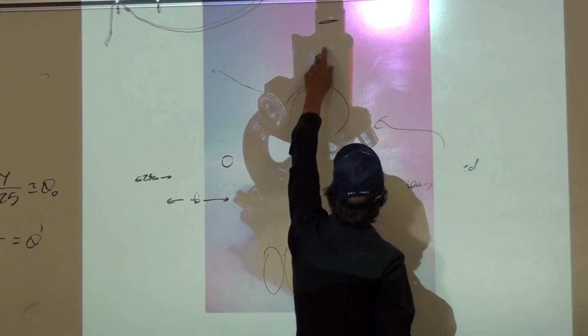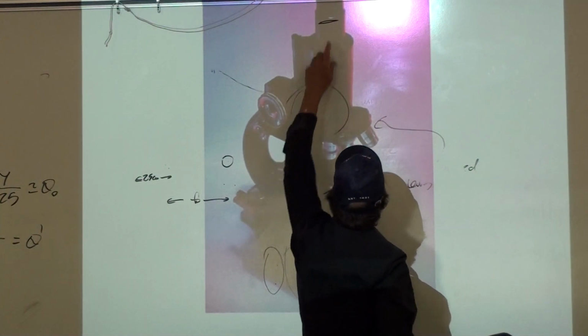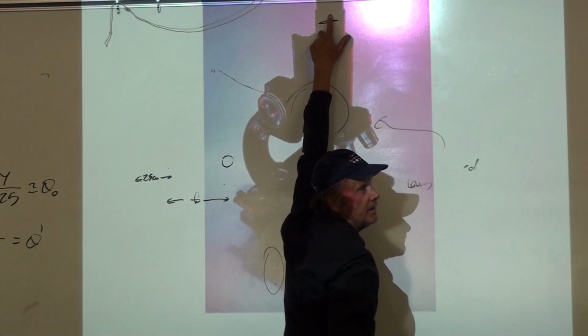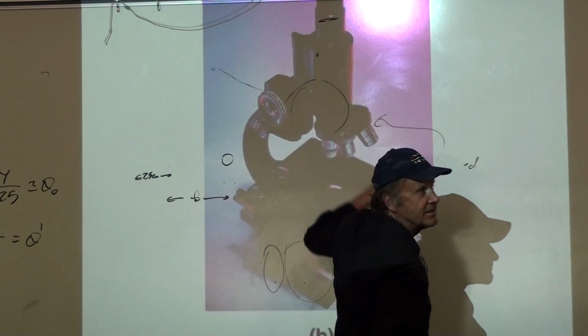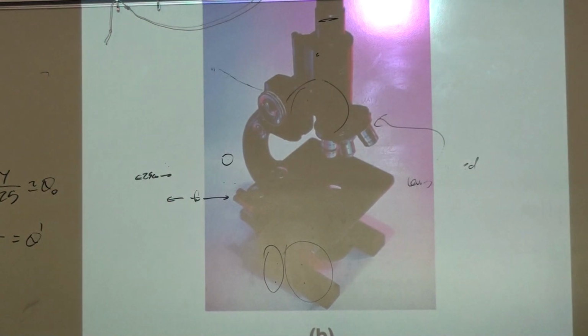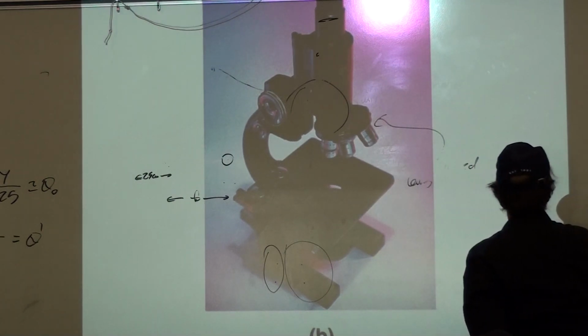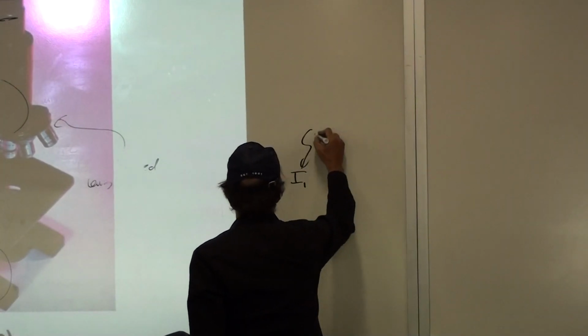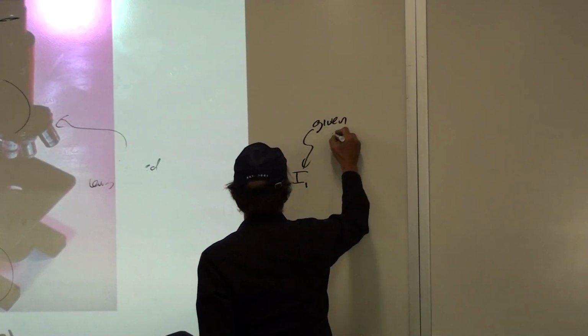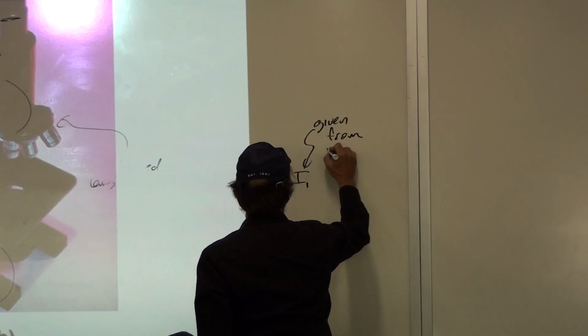And so where the image is going to form is always going to be pretty much the same distance. It'll be up here, because you're not changing the eyepiece lens. That I1 distance is something that would be given to you for a microscope, because it'd always be the same. And then you would change the objective lens, and so you'd have I1. This is given from microscope design.